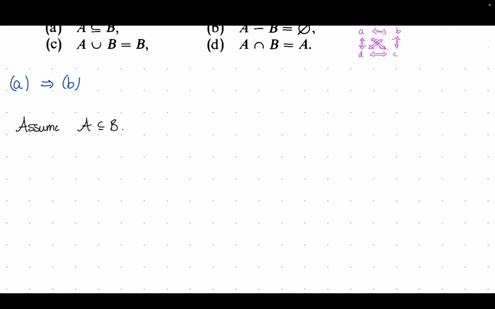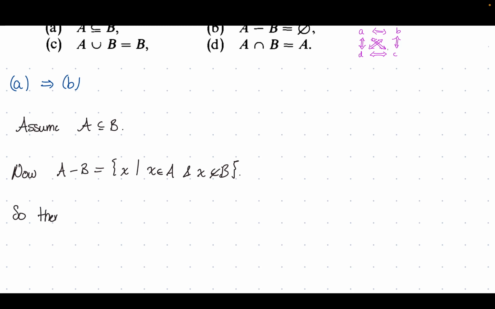Now, A minus B is equal to the set of things X such that X is in A and X is not in B. However, if you look at this, since A is a subset of B, if X is in A, then X is necessarily in B.